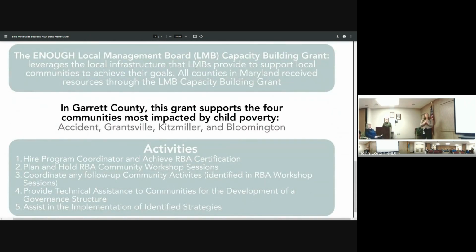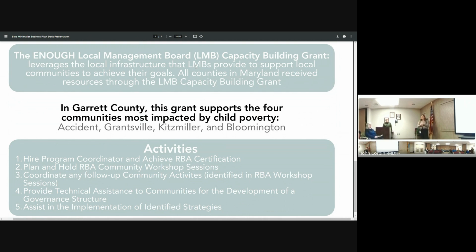So there were 2 grants that came along with the Enough initiative. The first one was a competitive grant that Garrett County was not eligible for this round. It was based on poverty concentration, children poverty 30% per zip code, and then also tied in some community school data as well.